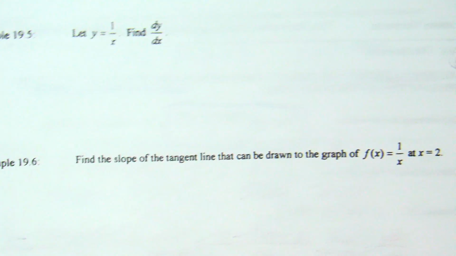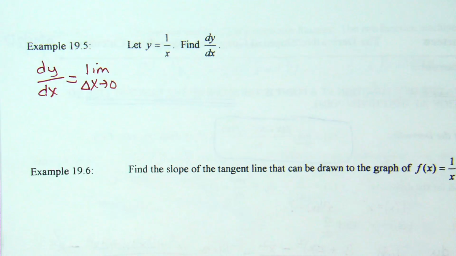Okay, so if we're finding dy dx, that means we're being asked to find the definition of the derivative. The definition of the derivative starts off as the limit as delta x approaches 0 of f of x plus delta x.